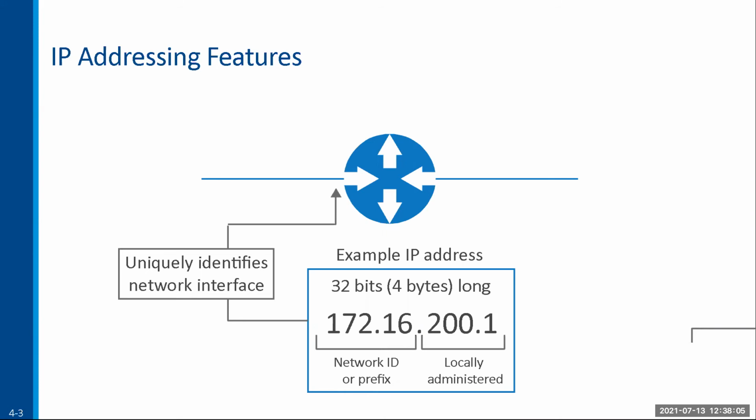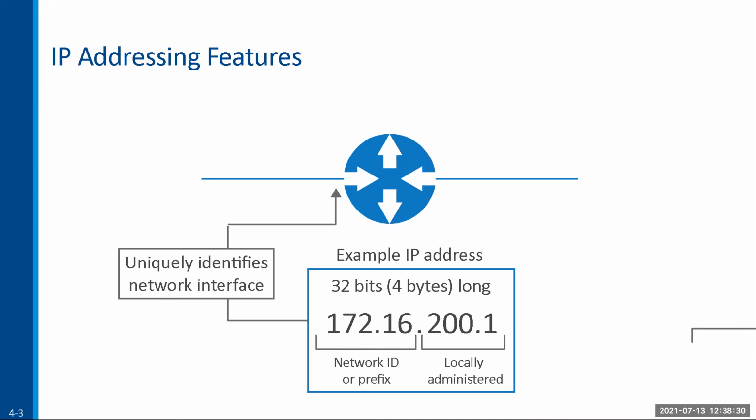Now, a couple of things about this. There can be no other device that exists in the entirety of the internet, in terms of a public address, that can be 172.16.200.1. We can have another device, say 173.16.200.1, because it's not in the same network.